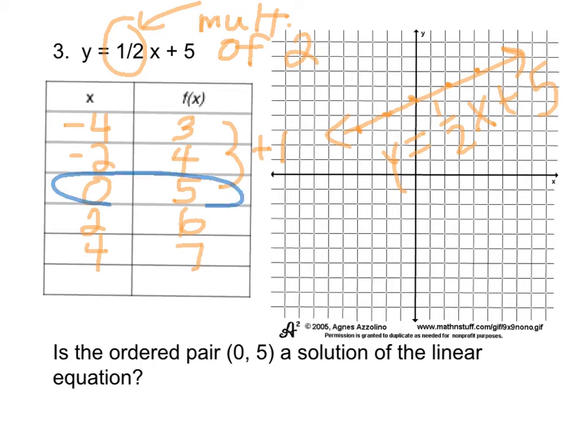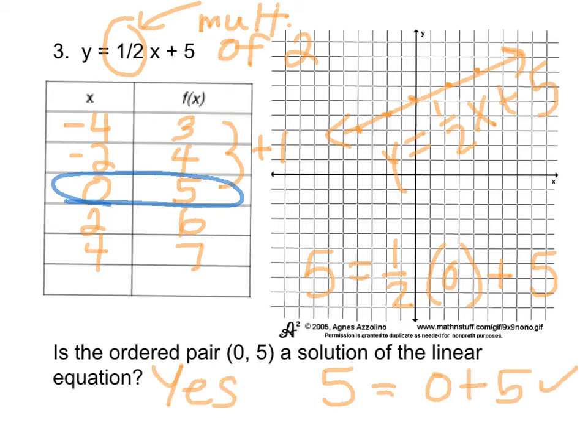It's right in our table of values here, but we can also do a guess and check by substituting 5 for y equals 1/2 times the x value, which they're telling me is 0, and does the equation check. And yes, 5 is equal to 0 plus 5, and so we would say yes, it is a solution.